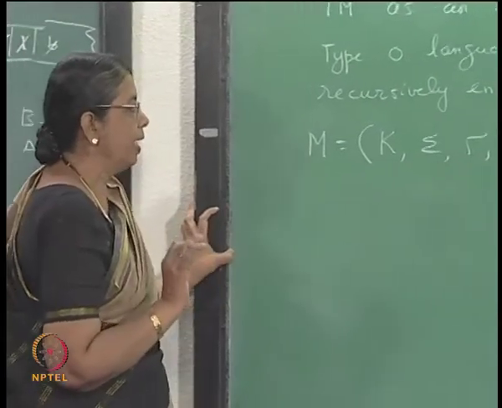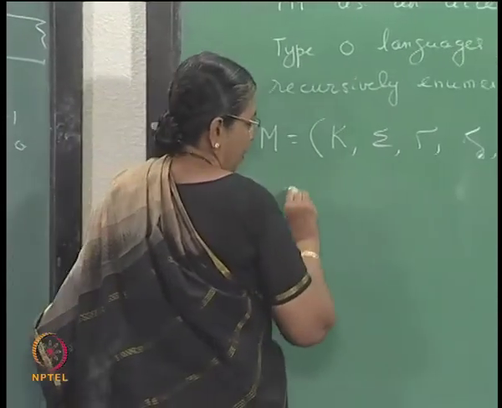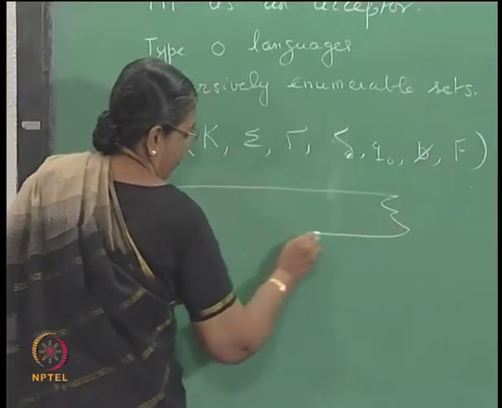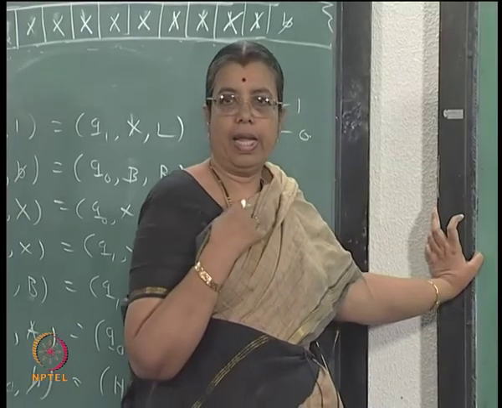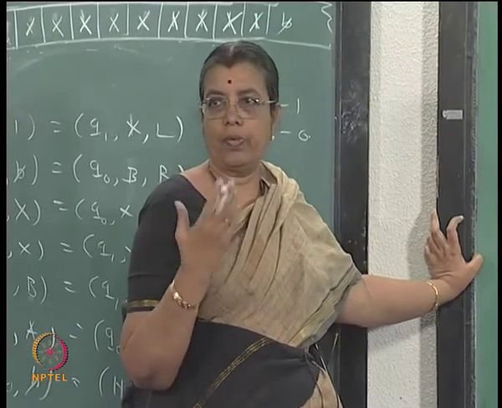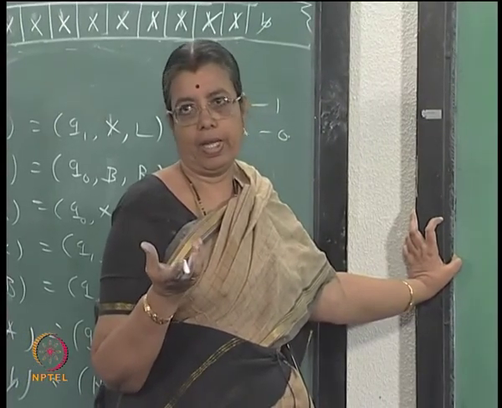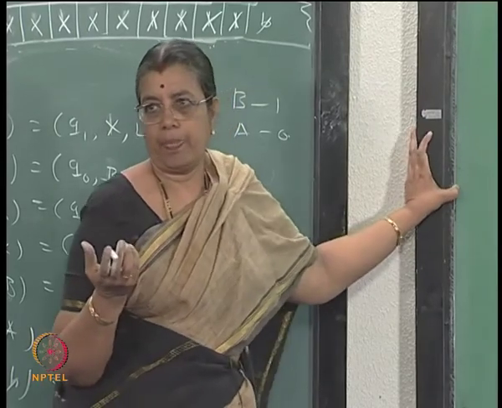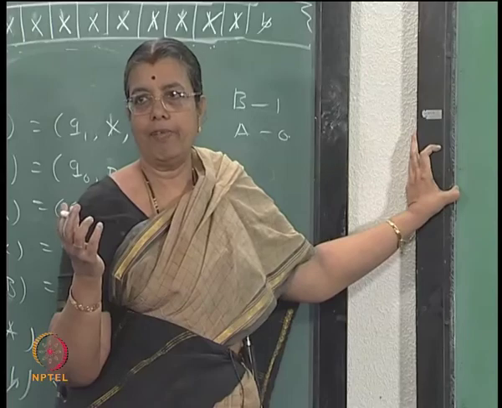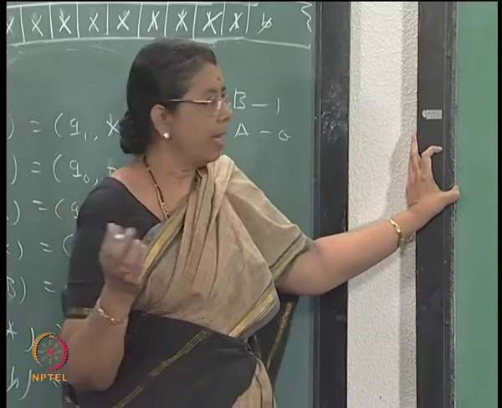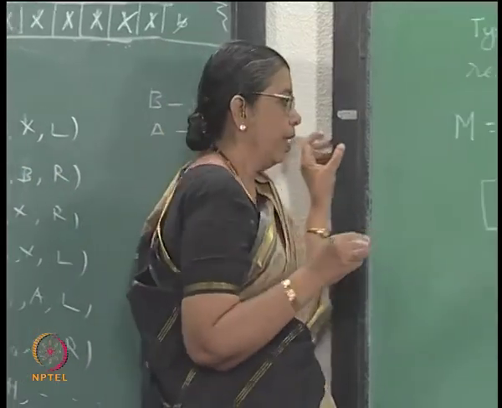Now, when we look at it as an acceptor, the machine is taken such that the left end of the tape we are fixing now. It is infinite in one direction only now, because later on we will prove that two-way infinite is equivalent to one-way infinite. They are actually equivalent models, but when we look at it as an acceptor, we fix the left end, and the right end is infinite.